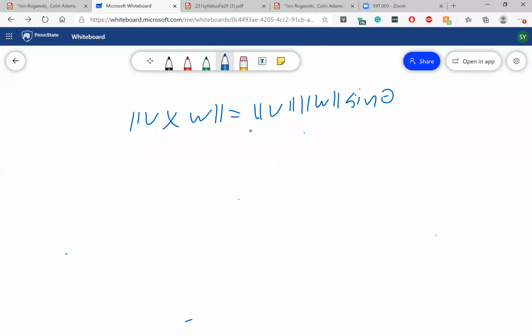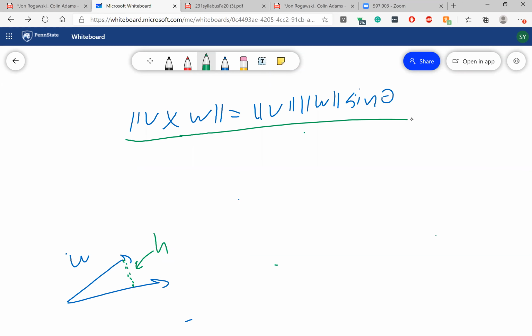If you have V over here, and if you have W, and you want to find this height over here, let's call this H, then we can use this equation to find that height.